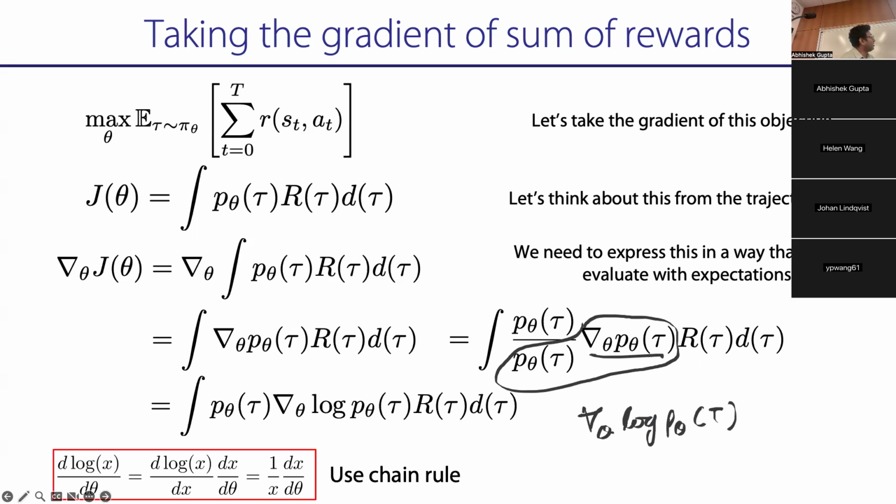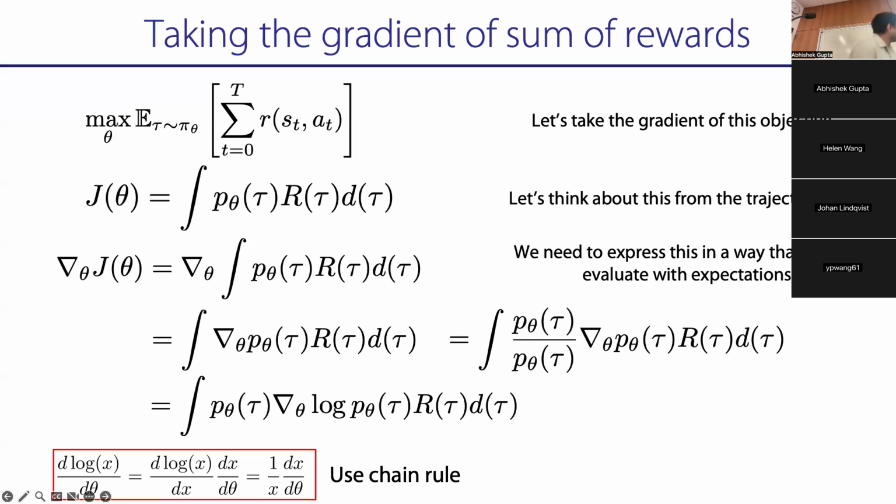So all we did to get here was multiply and divide by p theta, regroup the terms, and use the chain rule. And so this gives us a much simpler looking expression, nothing in the denominator. You never want to divide by probabilities. That's bad because it blows up if the probabilities are too small. So try to never have probabilities in your denominator.